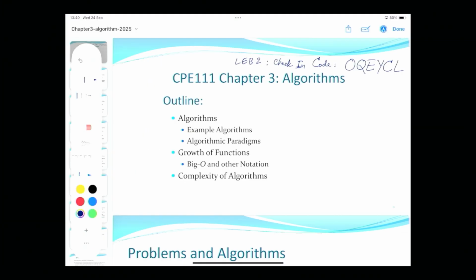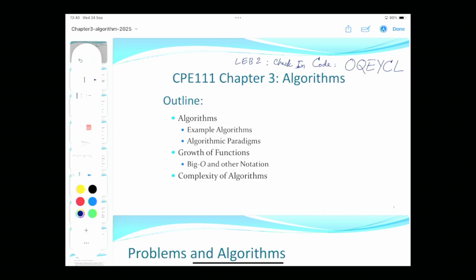Okay, so today we move on to a new topic, which is about algorithms and their complexity. Last time we talked a little bit about this as well, right?